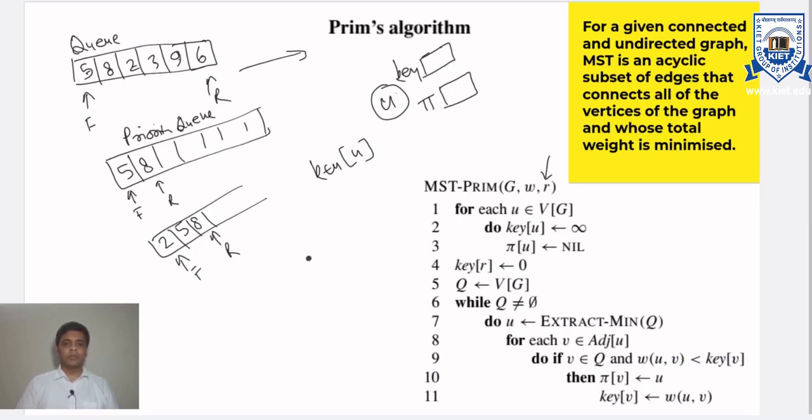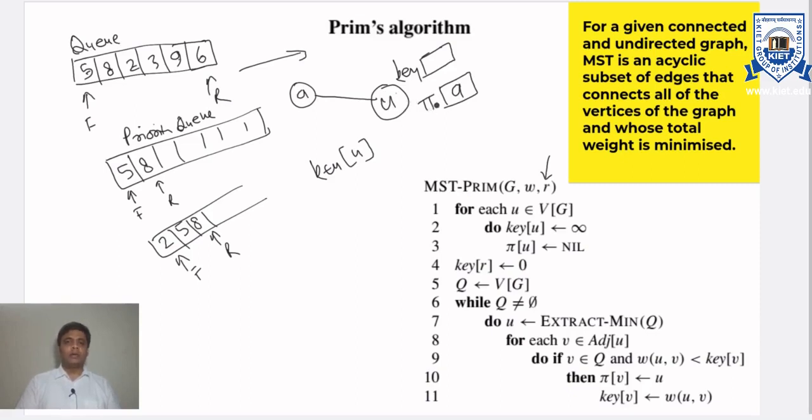So if this U node is, let's say, attached after some node A, and in our final answer we explore U after A, then pi of U contains A, the label of this node. From this node we have reached U.